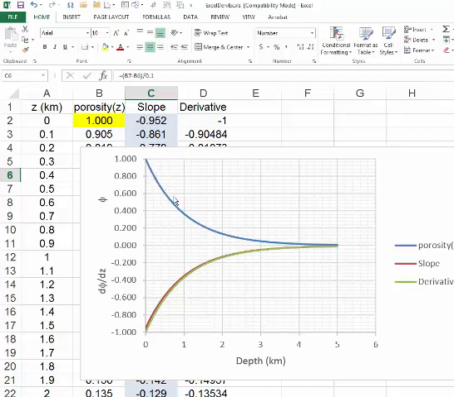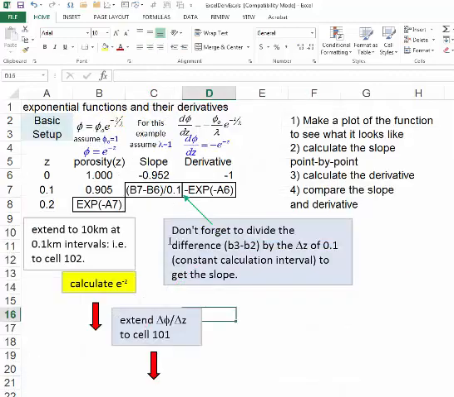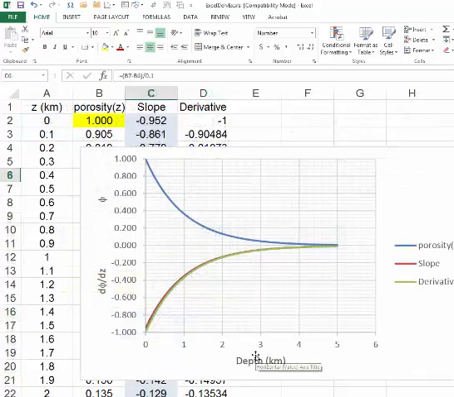So we've got porosity up here, and we can see that the only thing we've really done is flip the sign here. We haven't scaled it. So we can feel pretty comfortable in saying that the derivative does provide us at greater accuracy than the slope depicts the derivative at much greater precision. It's a much more precise value.